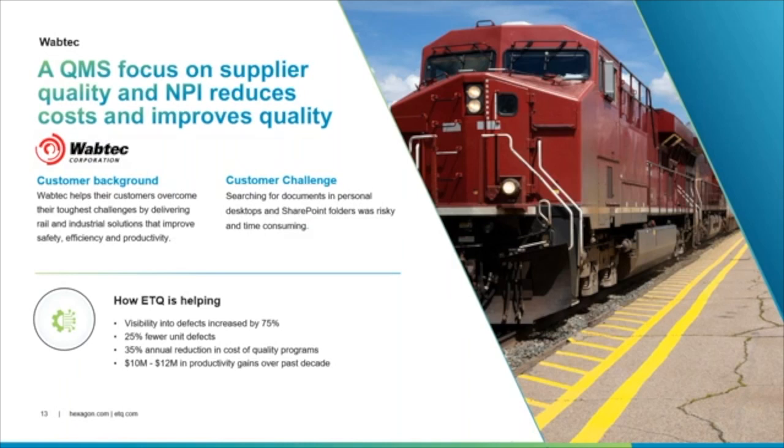This did not allow for visibility into these issues. So the quality team had no visibility to manage, resolve these issues, prevent them from reoccurring again. This is not an issue that is isolated at Wabtec. We see this across the manufacturing space.